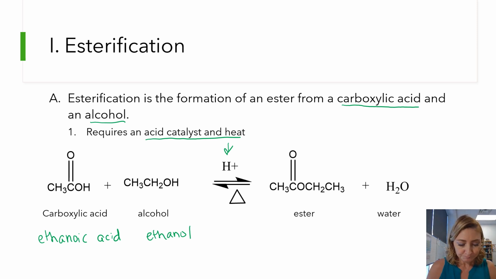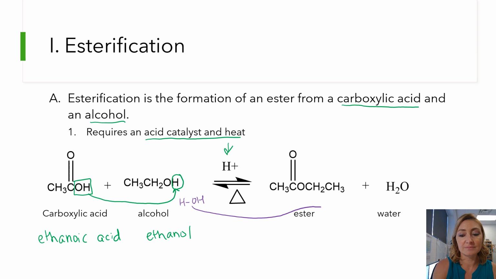In the esterification reaction, we are going to remove the hydroxyl group from the carboxylic acid, and that is going to react with the hydrogen on the alcohol. As you may have guessed, this is going to form water, so water is a side product.